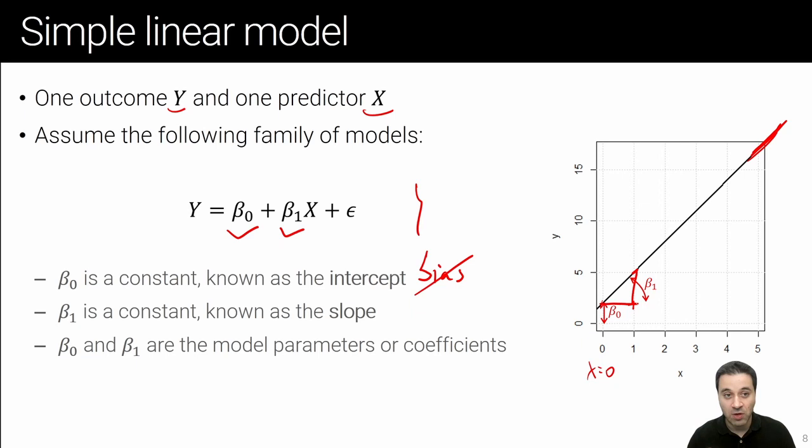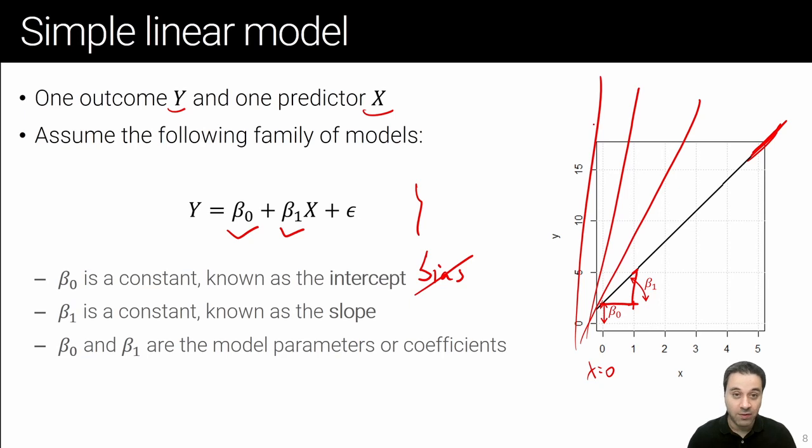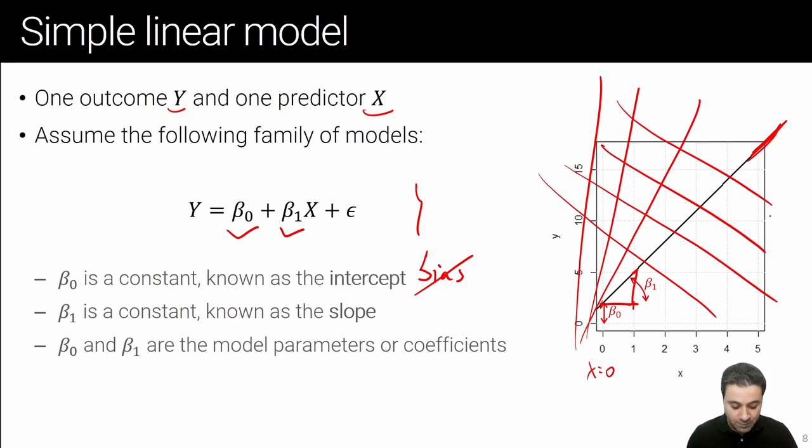The higher the coefficient, the steeper the model. And if the coefficient is negative, then we have a negative relationship that could look something like this. So beta 0 and beta 1 are the model parameters. They are what determine the model. Those are the two coefficients of the model.